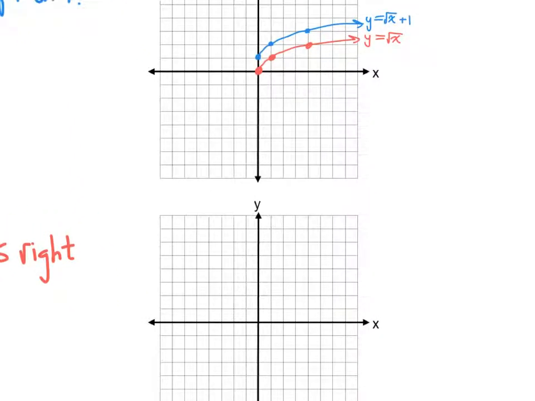I'll just work off of that first graph. So every point goes 2 units to the right. So this would be y equals the square root of x minus 2.